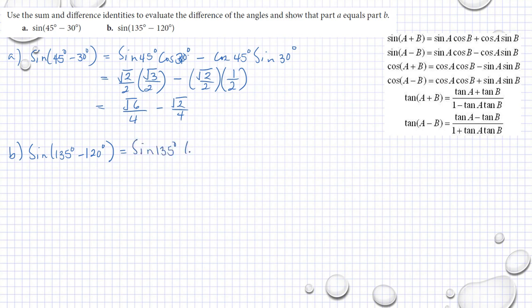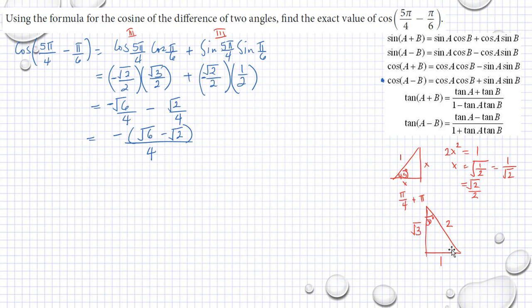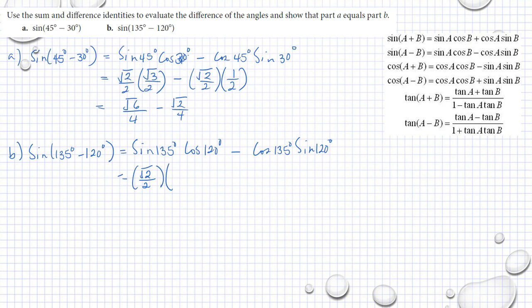So we have sine 135 degrees cosine 120 degrees minus cosine 135 degrees sine 120 degrees. Sine 135 is also 45 in the second quadrant, positive for sine, multiplied by cosine of 60, our special angle, which is 1/2, but it is in the second quadrant, so we have negative there.